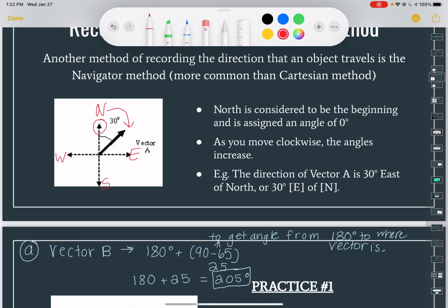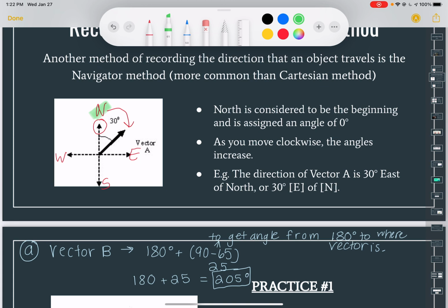So if we were going to look at vector A, which is the line that we've had in the last couple of pictures, in order to figure that out, we start at north, which is at the very top, and we start to move clockwise to the right, in this case right and down. We calculate how much is between where we started and where we stopped.